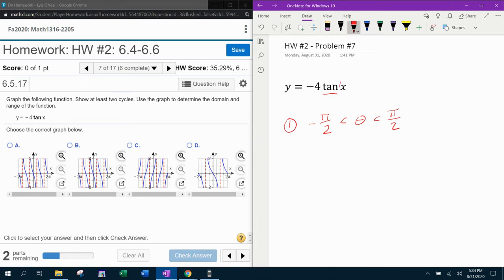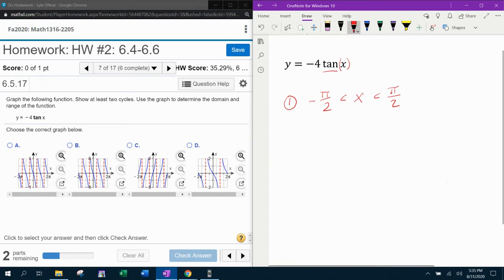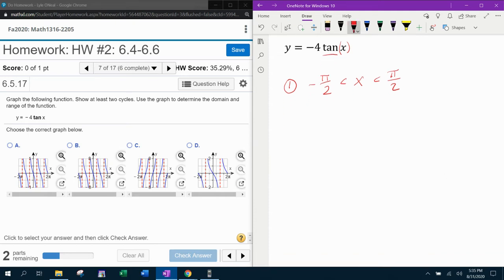Now theta is your angle, which in this case is x. And since that's already solved for, then we know that x is going to produce asymptotes at negative pi over 2 and pi over 2, and those will be 2 consecutive asymptotes.